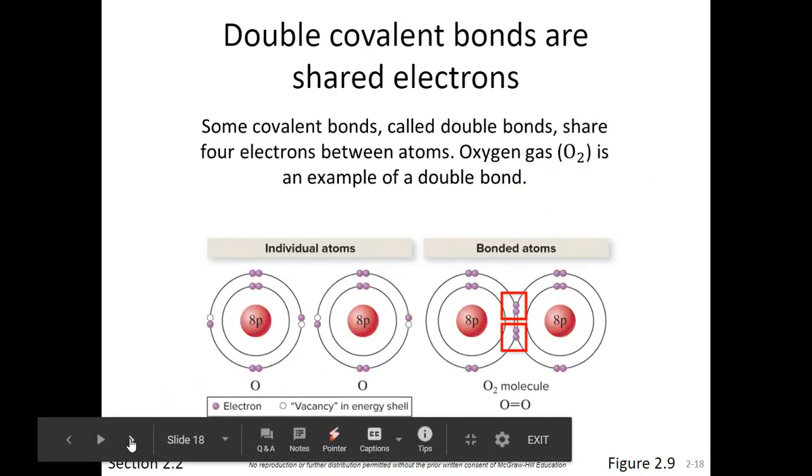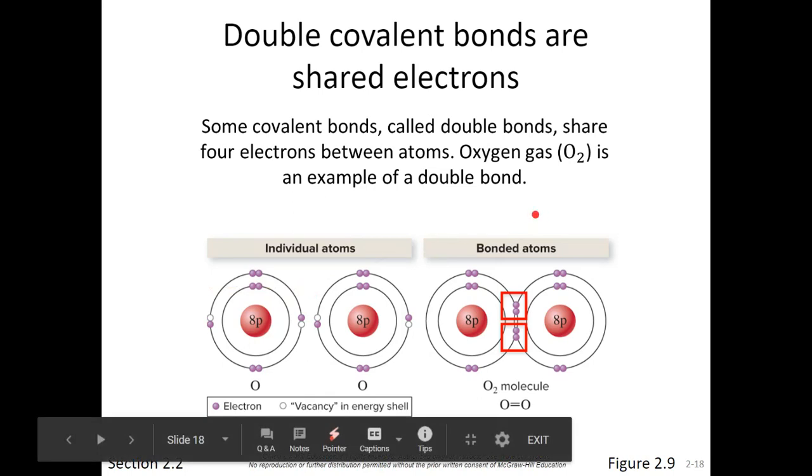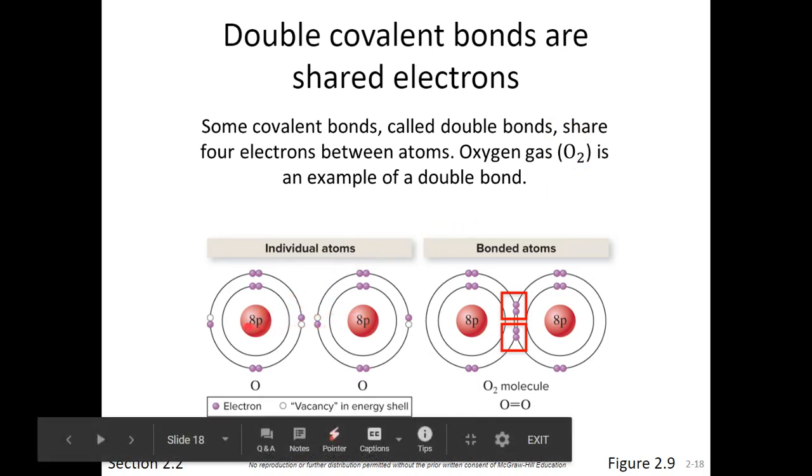You can see when you have double covalent bonds, sometimes in organic molecules or in elements, double sharing takes place. This is an element, and we write it as O2, that means two oxygen atoms, 1 and 2. You can see the valence electron energy shells, and they share their electrons and form a double bond here.